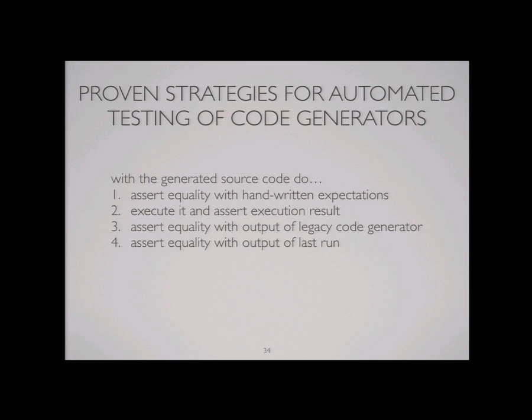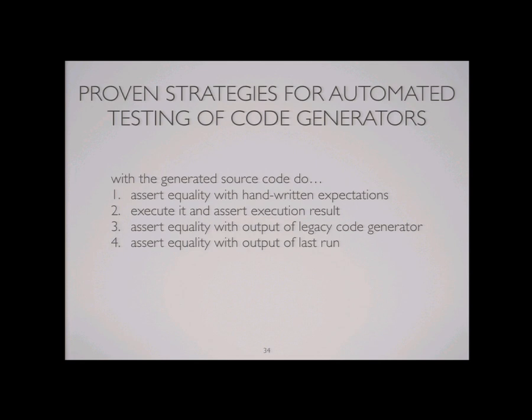And of course, there's another approach: generate code, and take the generated code as a test expectation, and then change the generator a little bit and test again against what you previously generated.